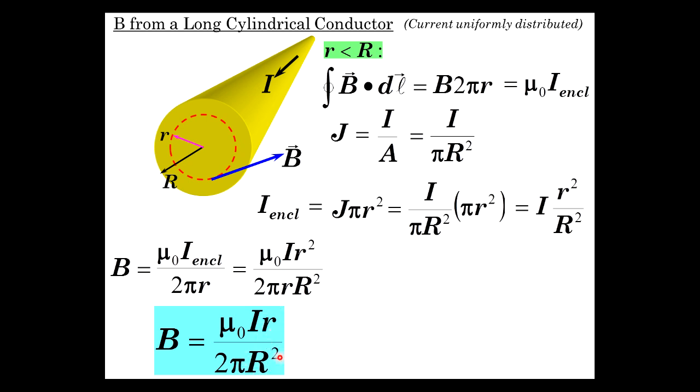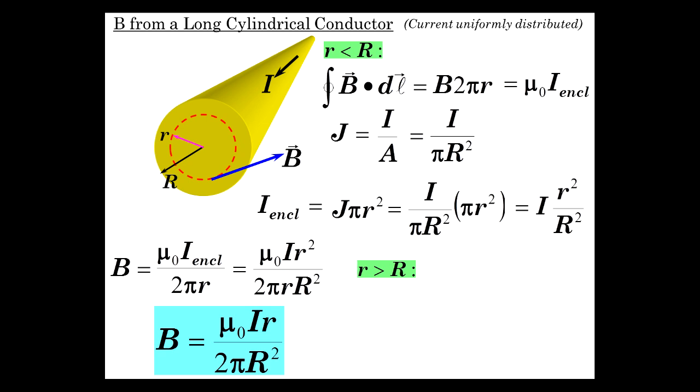It's not inversely, this is a constant, so that's in the denominator. So the bigger R is, and this is really big, well then that kind of dilutes the current density, and so it makes the B field smaller because you're enclosing less charge proportionally.